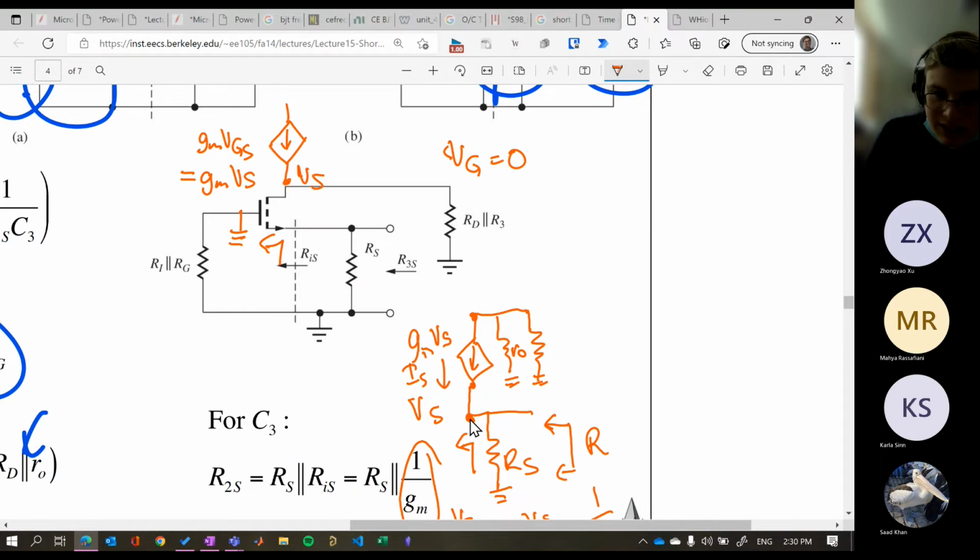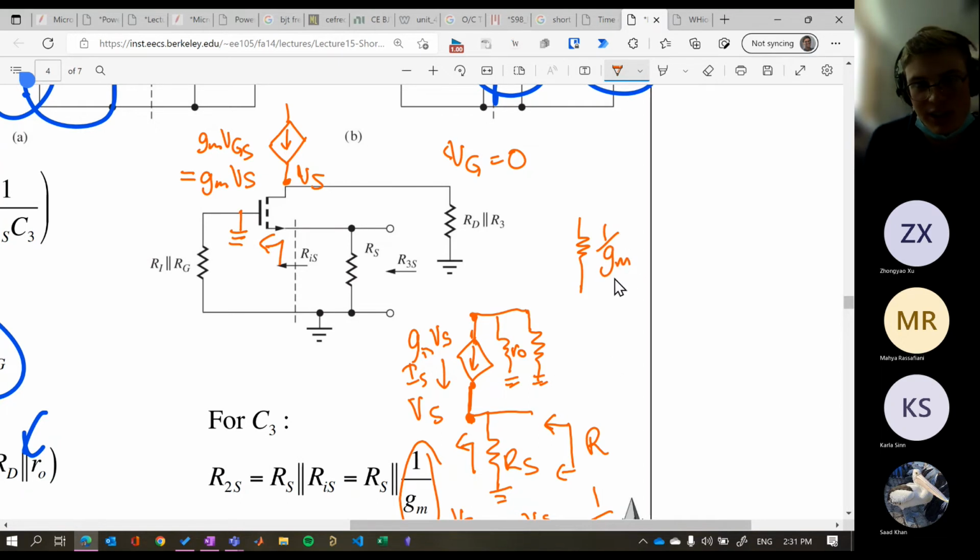Now this point here in this circuit is VS. So that means we've got a current which depends on the voltage at a given point it's connected to. So this GM is actually going to act like a resistor with a resistance of 1 on GM.